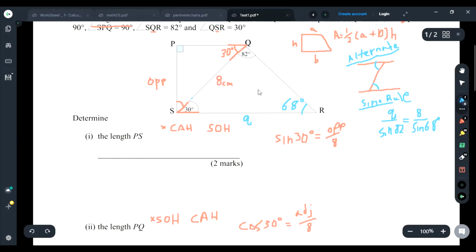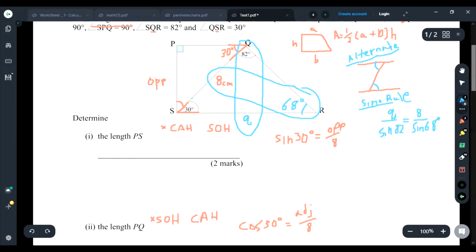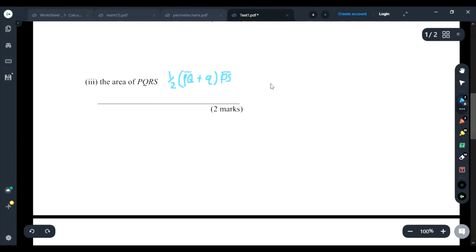It's not an angle between two given sides, okay? So it's taking on this kind of shape here. Once you see this going on, then you know you can use the sine rule, okay? And that's how we set up our problem here. And then you guys will work this out to figure out what Q is. And that will give you your B, which will help you to find the area of your trapezium.